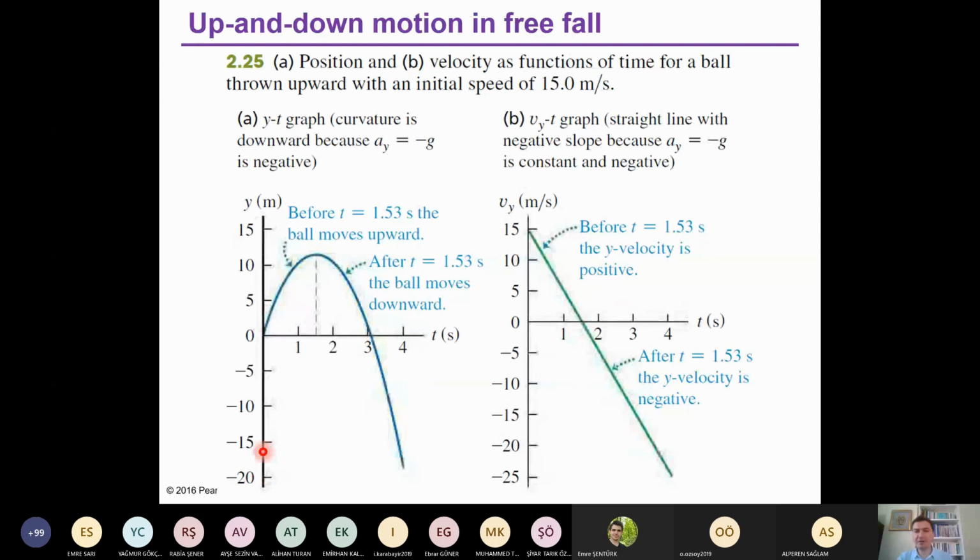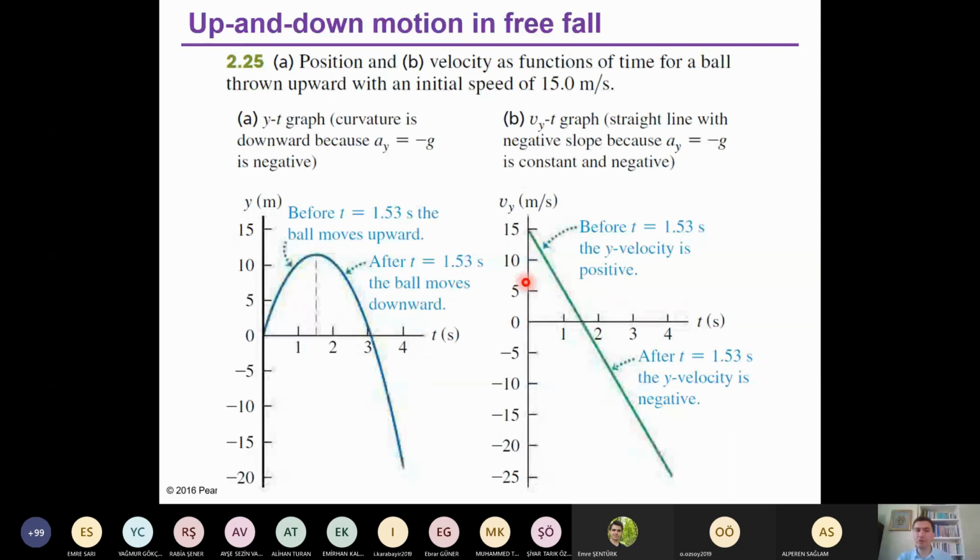And here you see the velocity of the particle as a function of time, 1 second, 2 second, 4 second, 5 second, again it goes. What do you see here? When the time is 0, the velocity is 15 meter per second, and it is positive.